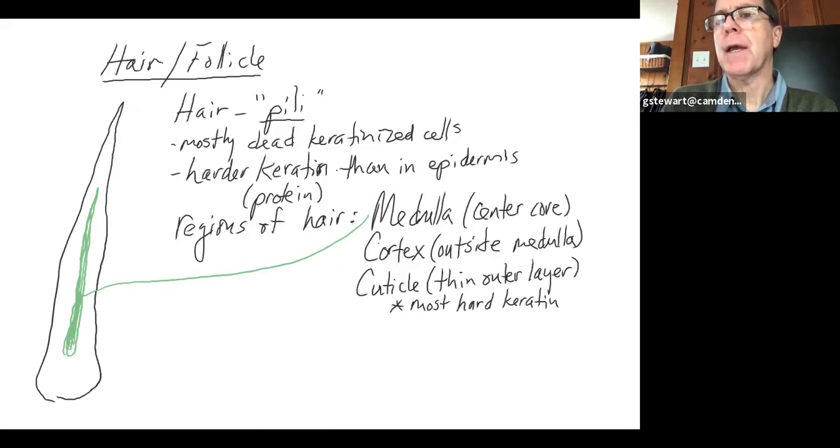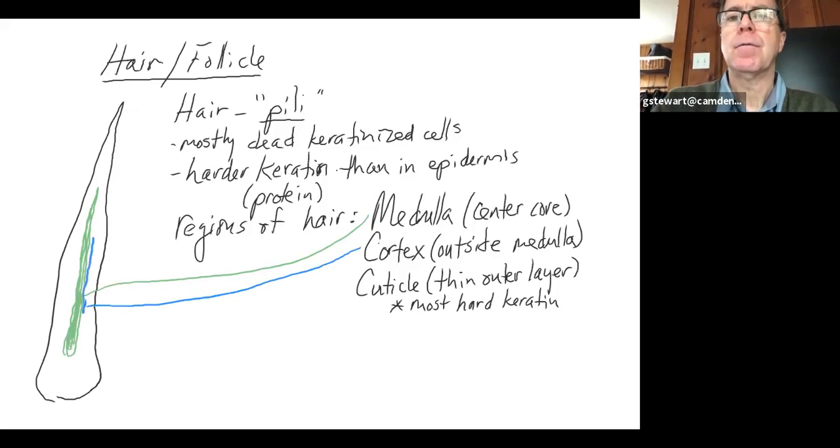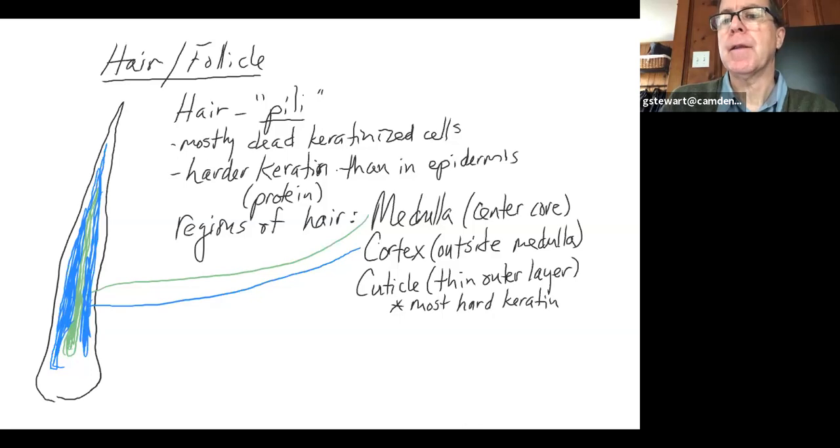And then the cortex is outside of that. It has a bit of a thickness to it. And finally, the cuticle, I'll leave that in black, is sort of this outer covering right here.